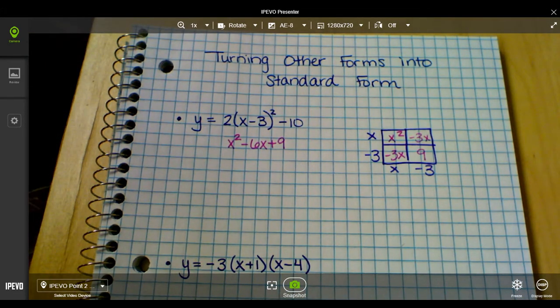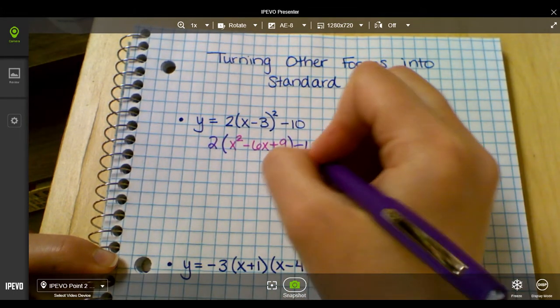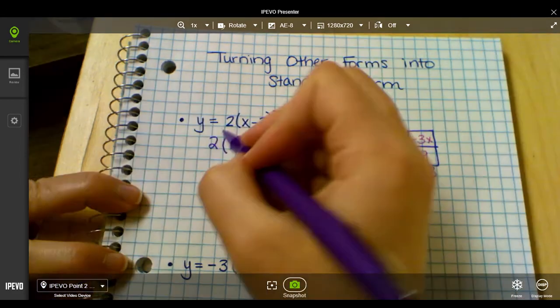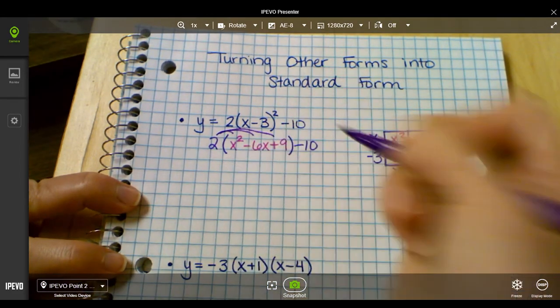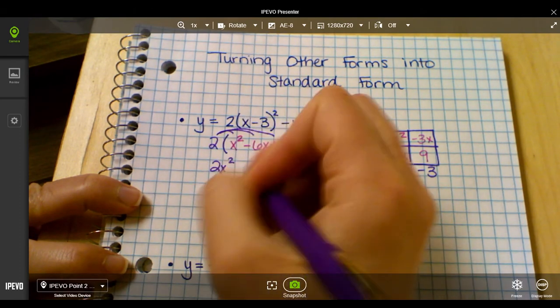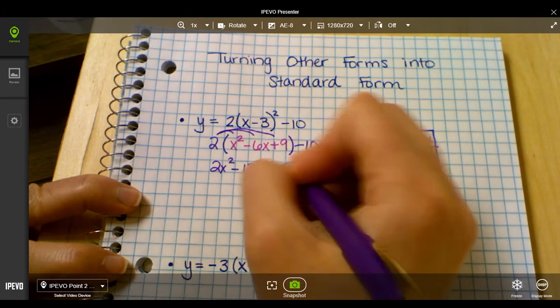Okay, the rest of it is coming down around it. So I still have to multiply this stuff by 2 and subtract 10 at the end. Okay, so now I did my exponents. Now I'm going to do my multiplication, which just means distribute this 2 to everything. 2 times x squared is 2x squared. 2 times negative 6x is negative 12x. 2 times 9 is 18.